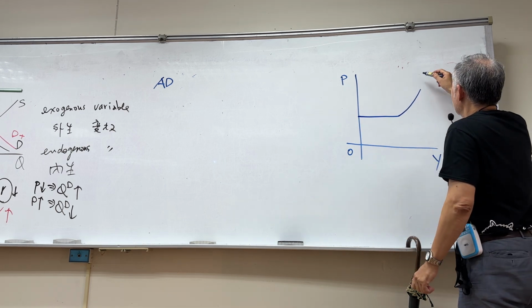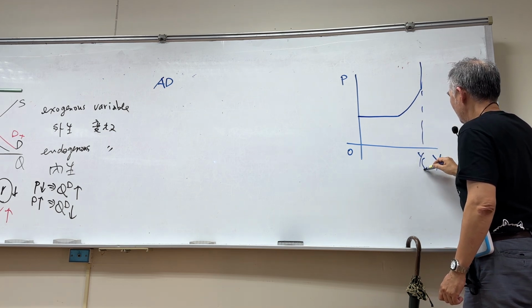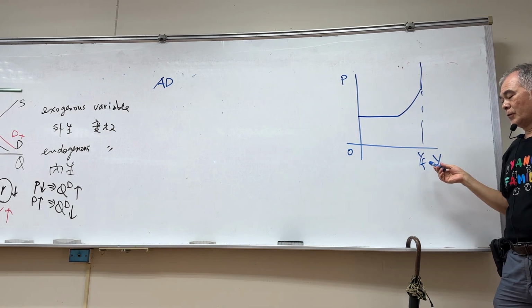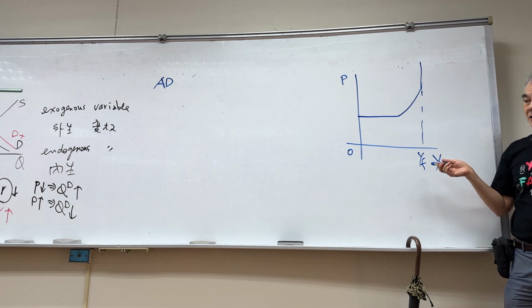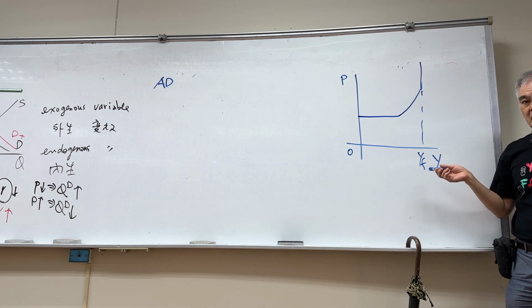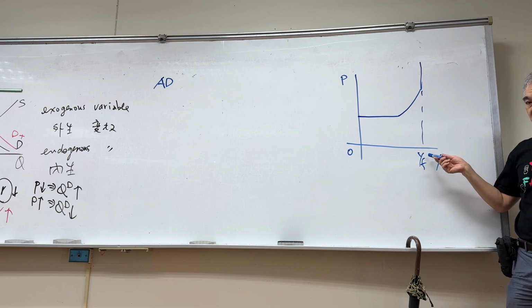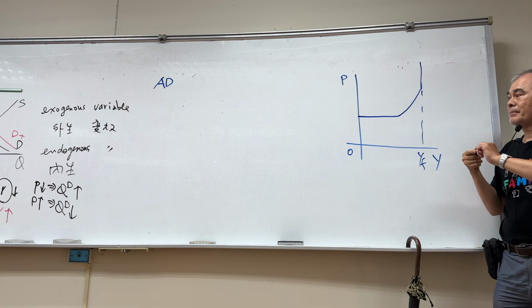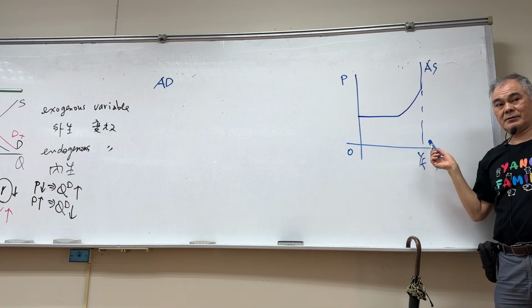And then this is the limit: the full employment production level. If the economy is at full employment, you use all the labor, all the capital, all the resources. This is the limit, so you cannot produce more than this.